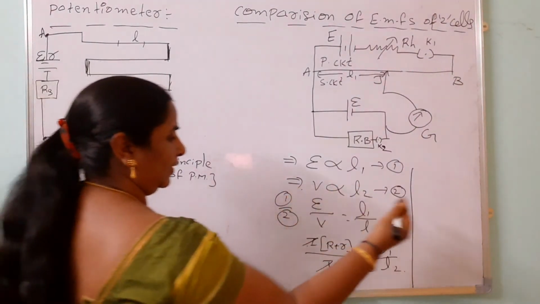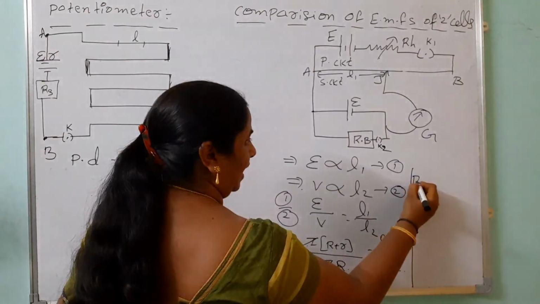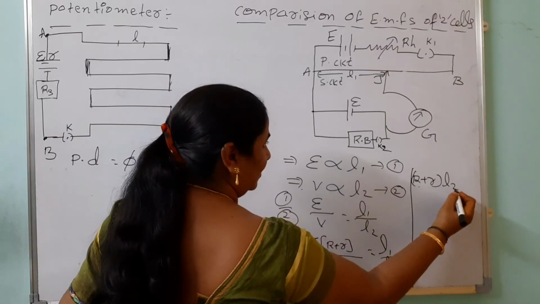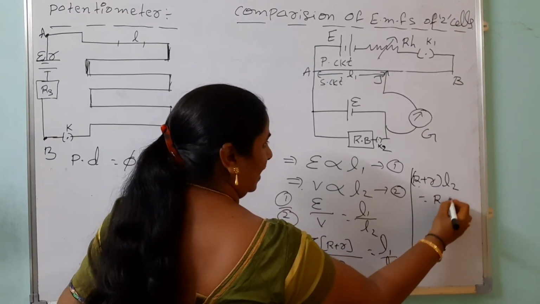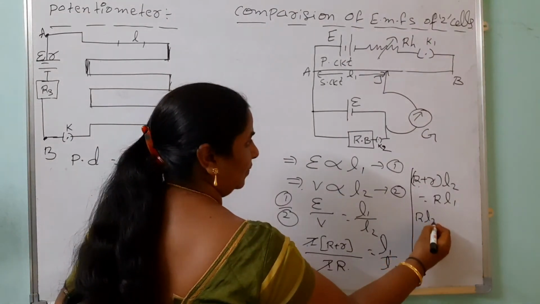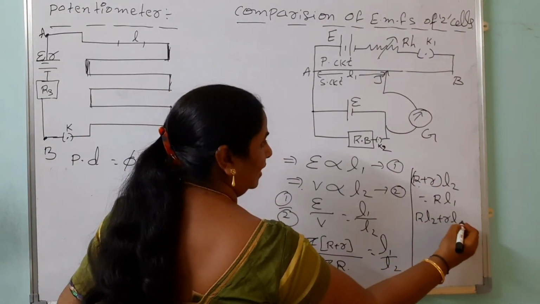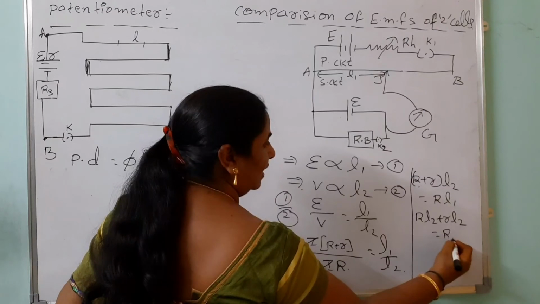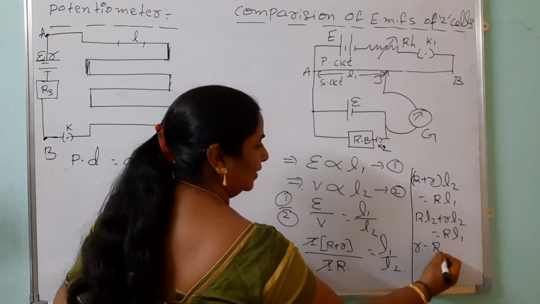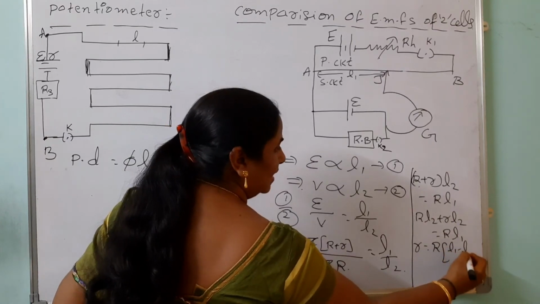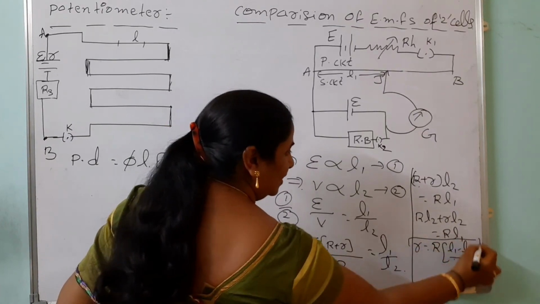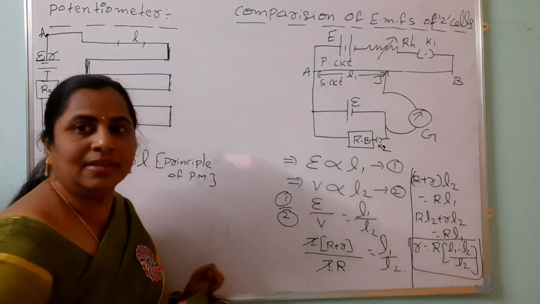Look, we take R plus r into L2 equals R into L1. Now simplify: R L2 plus r L2 equals R L1. But we want r, so moving R to that side, we get r equals R into L1 minus L2 by L2. Like this we can find the internal resistance of the given cell.